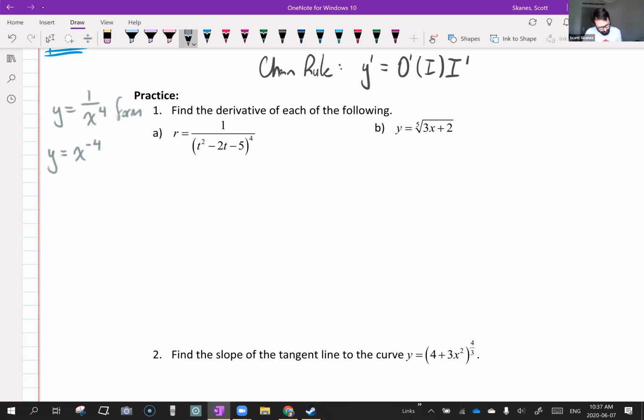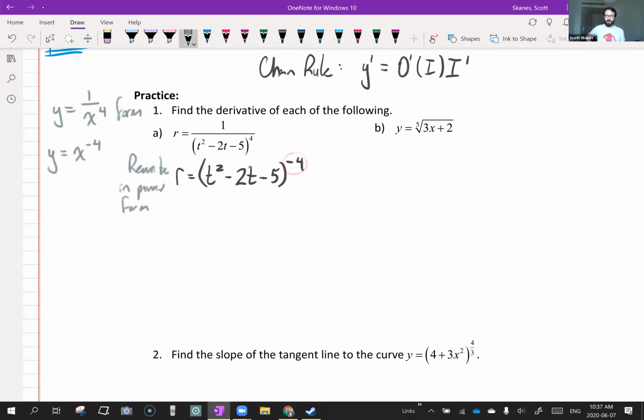I'm going to rewrite it and write it as this: t squared minus 2t minus 5, then we have to the power of -4. That's way easier because once it's in power form, we're good. So we're going to rewrite in power form is what we did here.